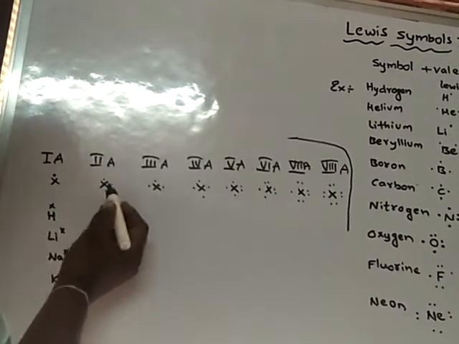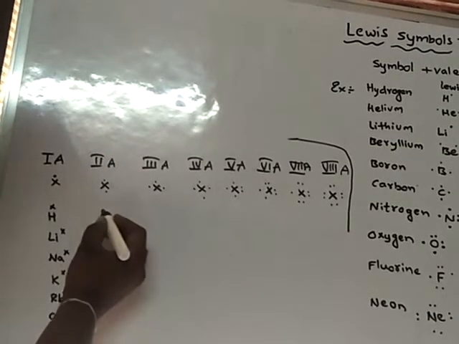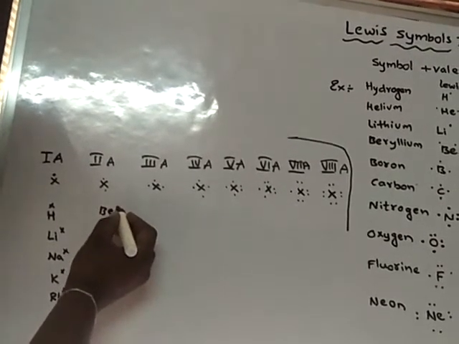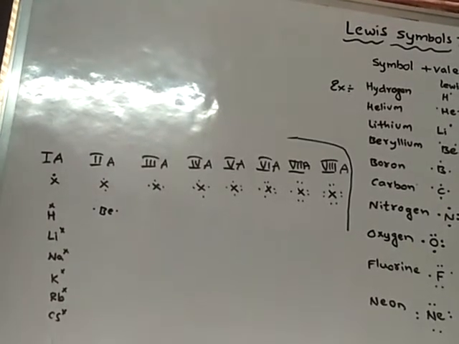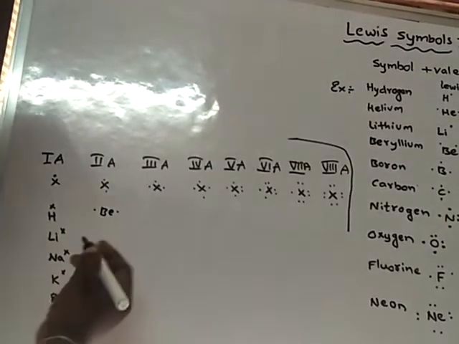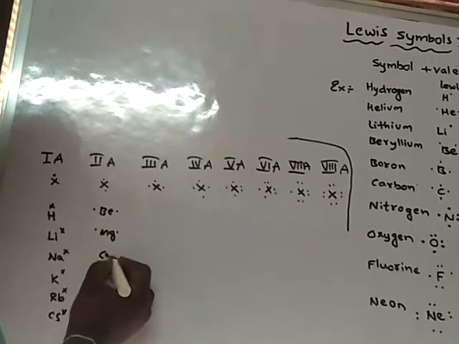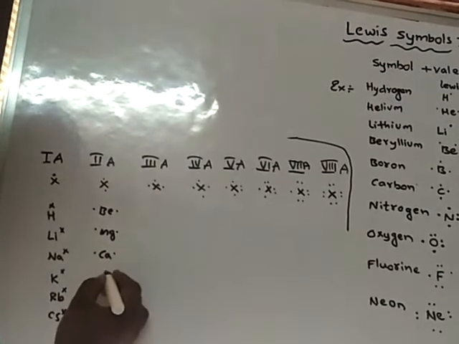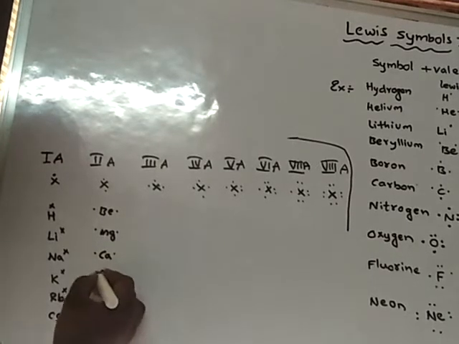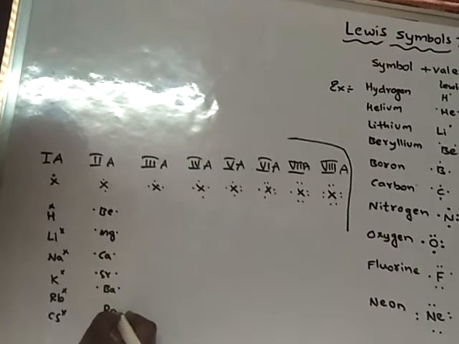In the same way, the second group. What are the second group elements? Beryllium. Here I am using dots, but I may use a dot or a cross. Beryllium, magnesium, calcium, strontium, barium, radium.